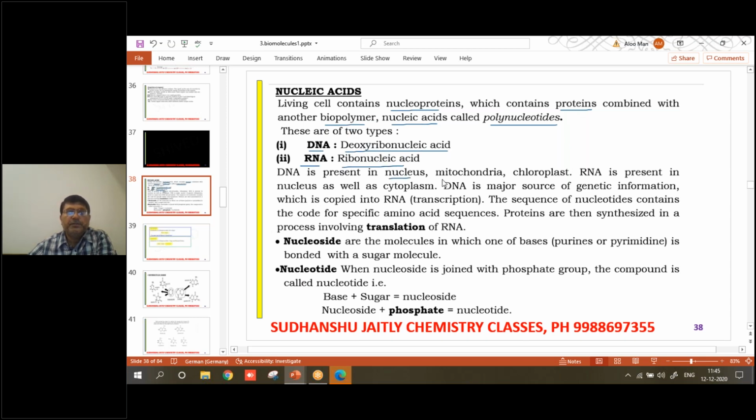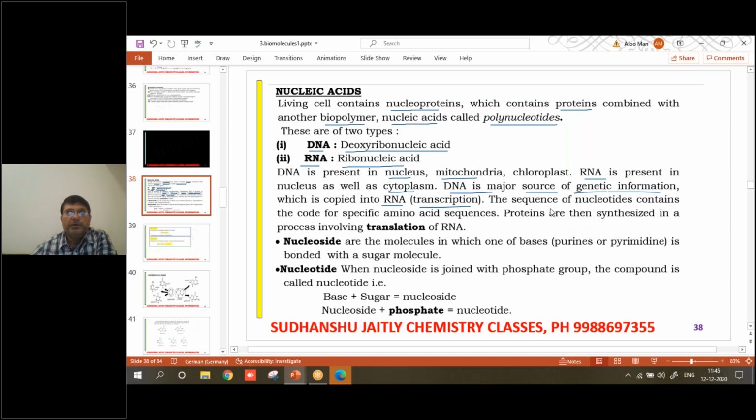DNA is present in nucleus, mitochondria, etc. The RNA is present in nucleus as well as cytoplasm. The DNA is the major source of genetic information. How you resemble with your parents, your ancestors, that is going to be the DNA responsible for that, which is copied into RNA, the process known as transcription.